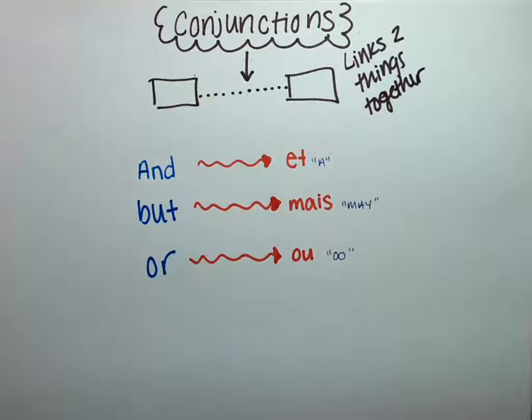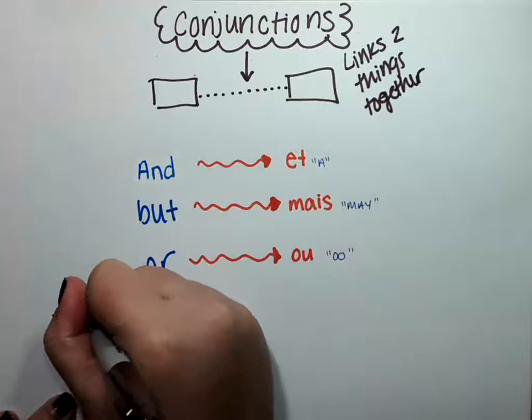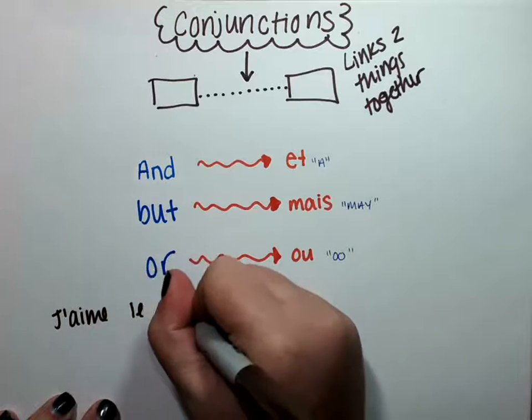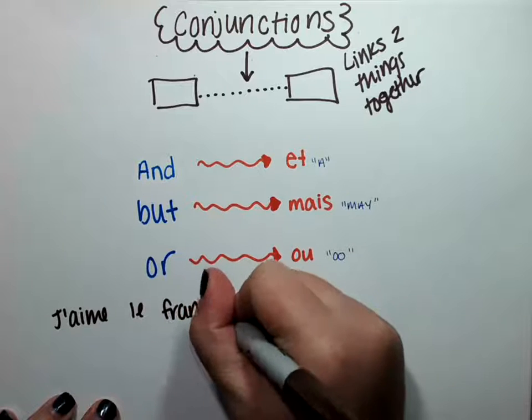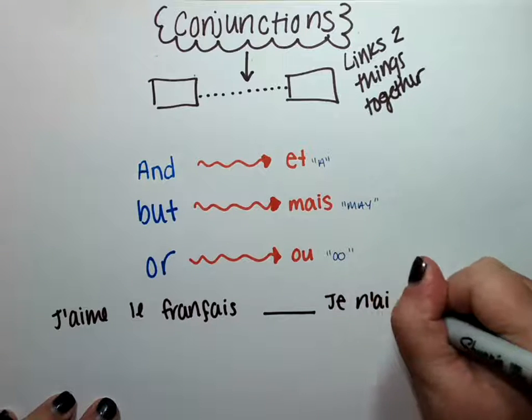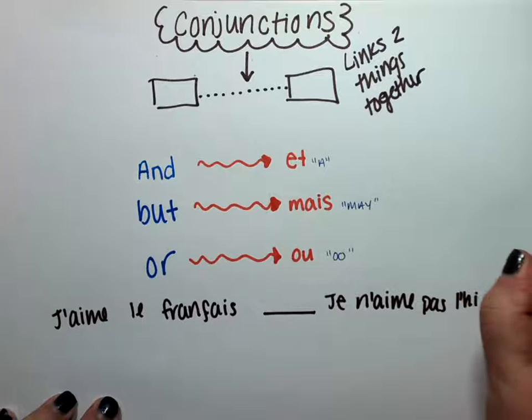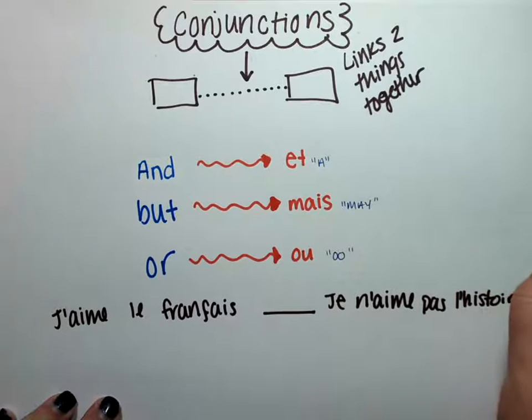All right, let's do an example. So at the bottom here, I'm going to write out an example. So we're going to say, j'aime le français. Je n'aime pas l'histoire. So we have j'aime le français blank, je n'aime pas l'histoire.